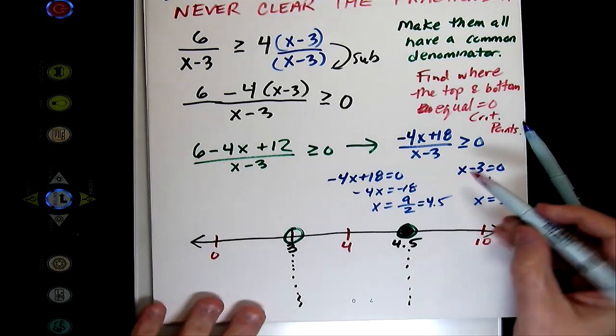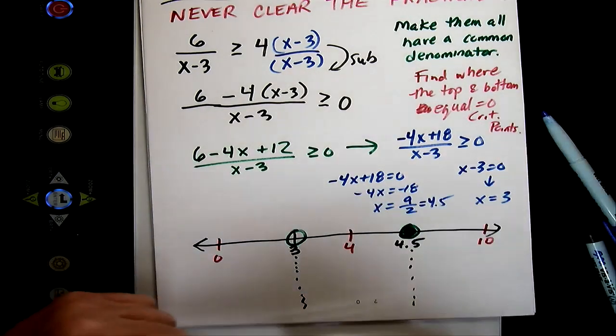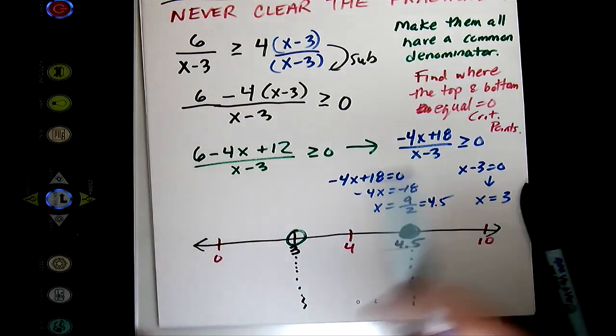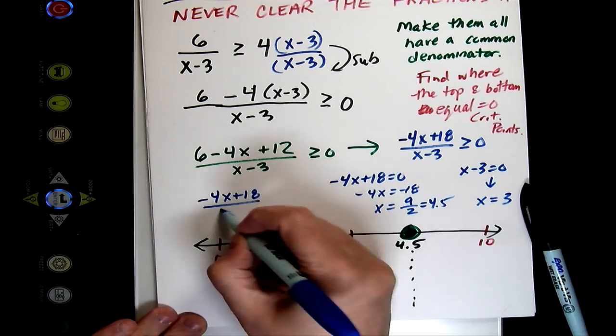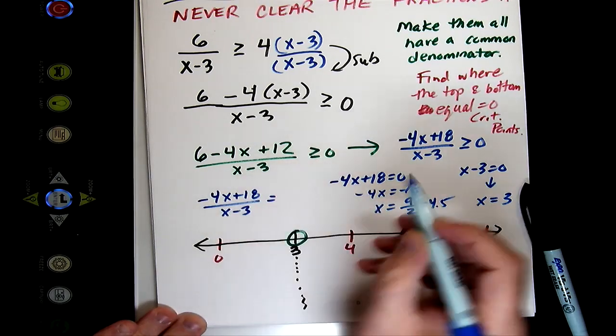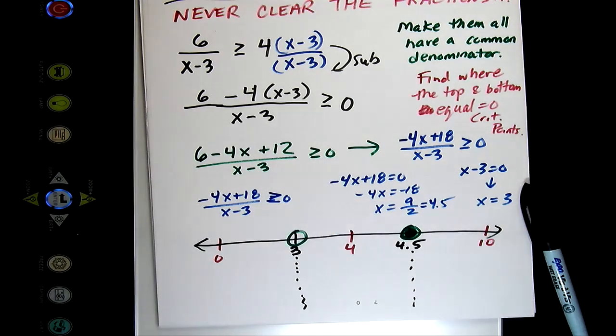And I'm plugging it into this right here. Let me rewrite it where I can see it. Right above it, (-4x + 18)/(x - 3) is greater than or equal to 0. That's what I'm plugging it into.